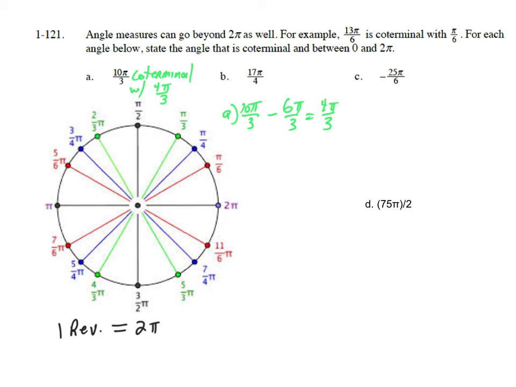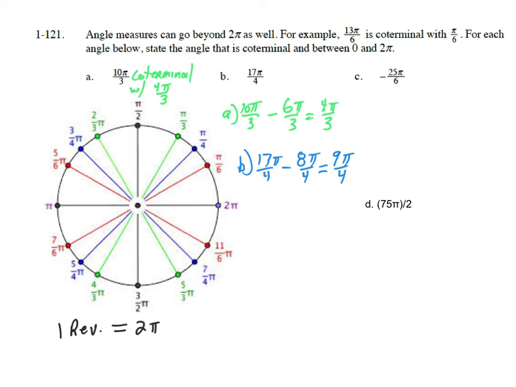Part B, 17 pi over 4. So I'm going to take 17 pi over 4 and subtract from it 2 pi, which is 8 pi over 4. And that leaves me with 9 pi over 4.